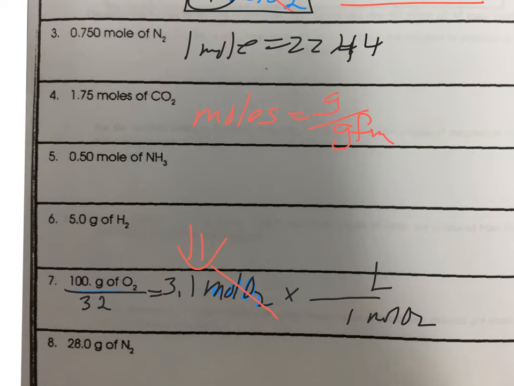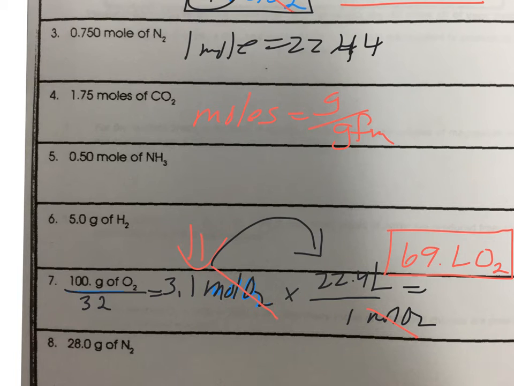And the liter goes on top, and that's my 22.4. So the 3.1 times the 22.4 will give me my volume, liters of O2. What is my answer? 69.44, so 69.4 liters of O2.